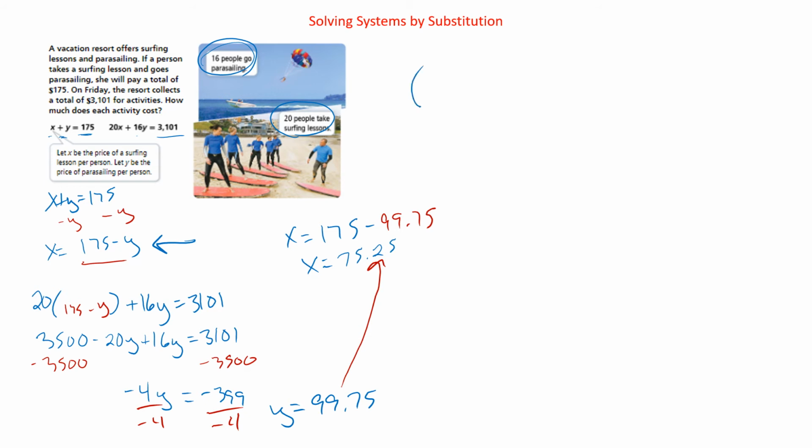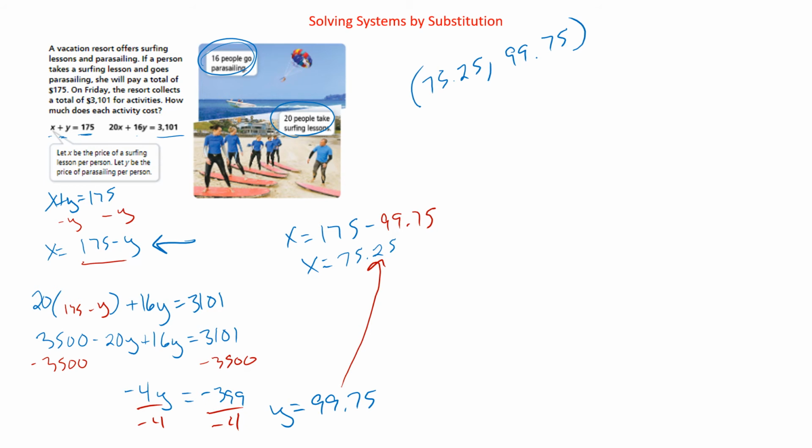We could write this as an ordered pair because we do have x and y. So we have 75.25 comma 99.75. But an ordered pair here doesn't really make sense. Like surfing is x because we said so. Parasailing is y because we said so. I mean, if we graphed it, yeah, we'd have x and y. A sentence here would be better.